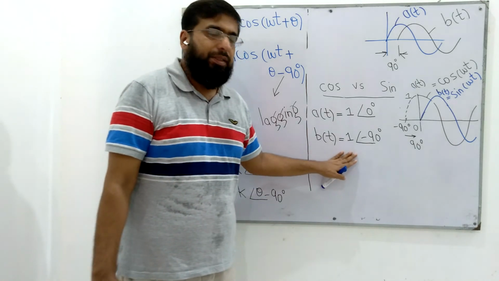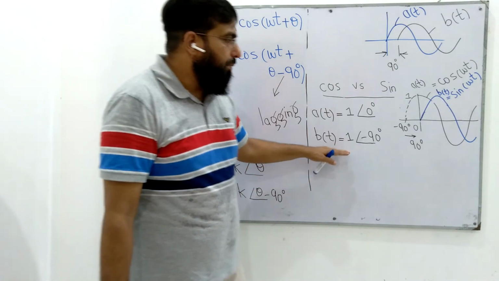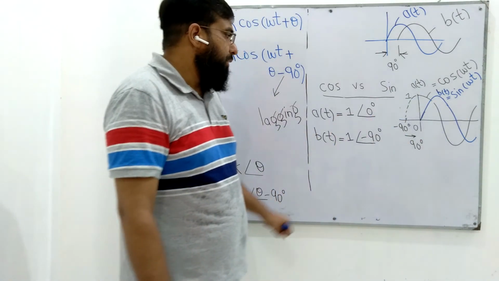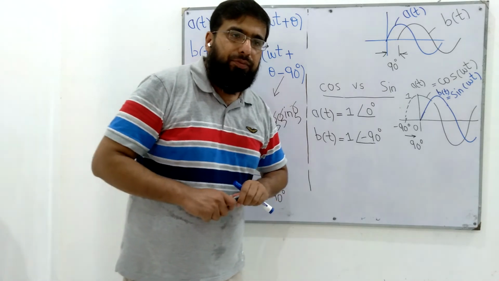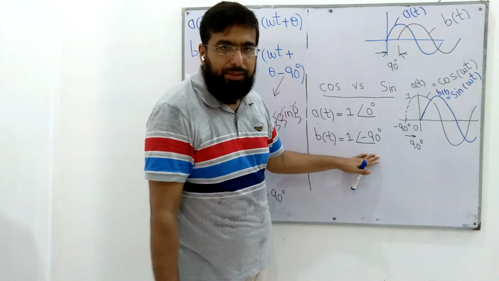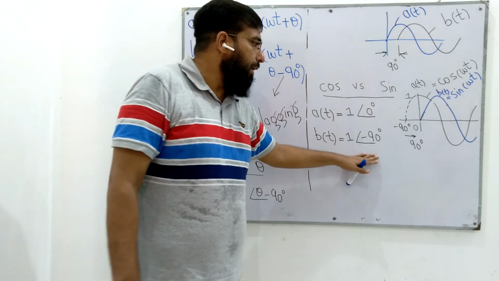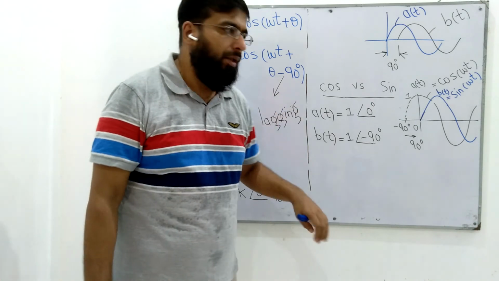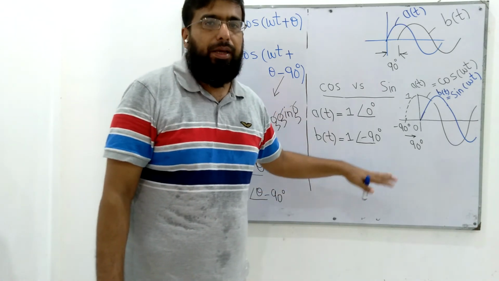Therefore, the cos becomes sine if we shift it by 90 degrees towards right. So any signal shifted towards right is lagging and is represented by a minus angle, a negative angle. And any signal shifted towards left is the leading signal and is represented by a plus angle.